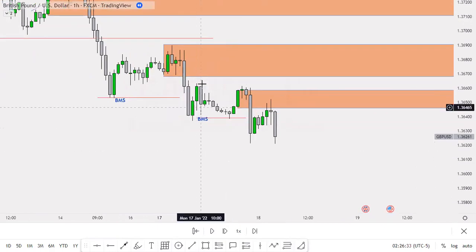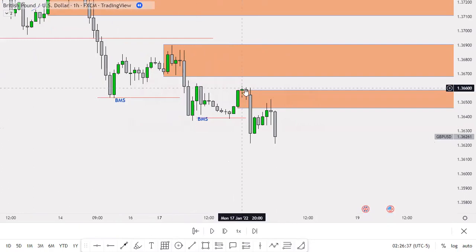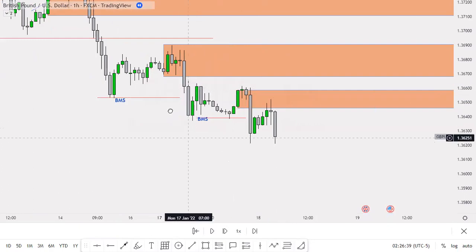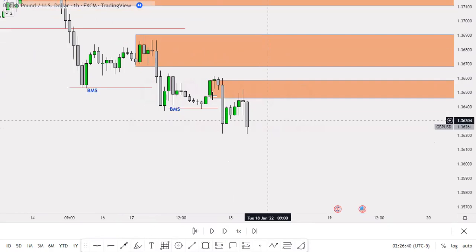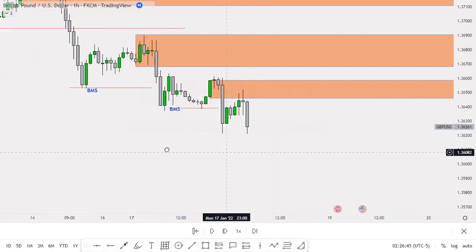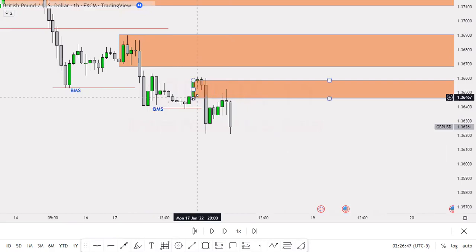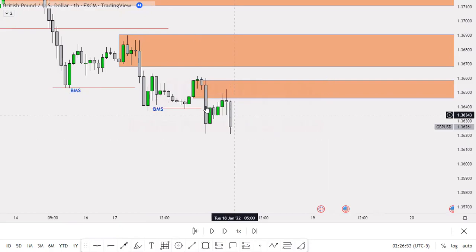Now you can see here we had a mitigation and we are trying to refine our order block here. In 1 hour, our order block is this one. I know here it is the mitigation. Already we have a mitigation.